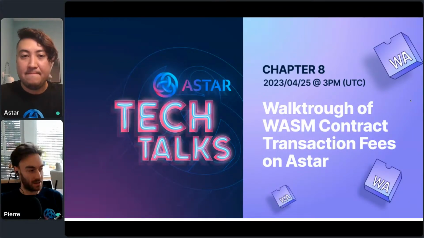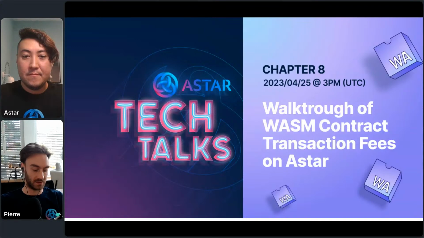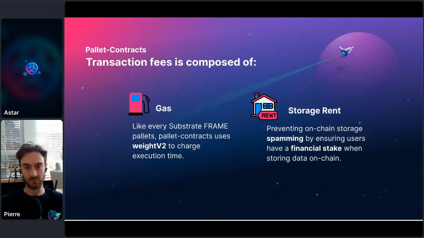We will see Wasm contract transaction fees on Astar. It's the same in Shiden, but we will see the difference. So what is a transaction fee in Wasm? As you may know, the execution engine for Wasm smart contracts, meaning Ink, Ask, and Solidity when you compile it with Solang, is pallet contracts.